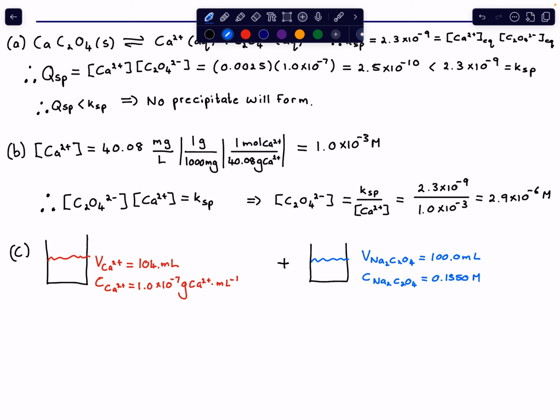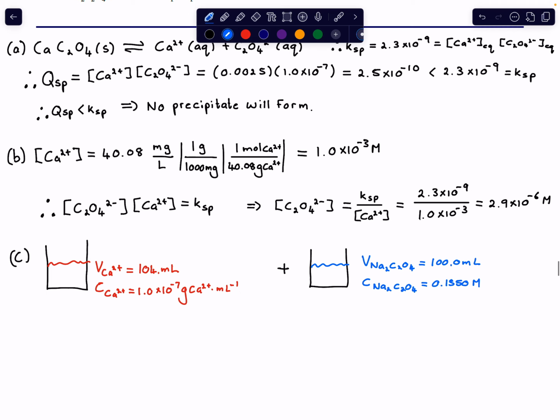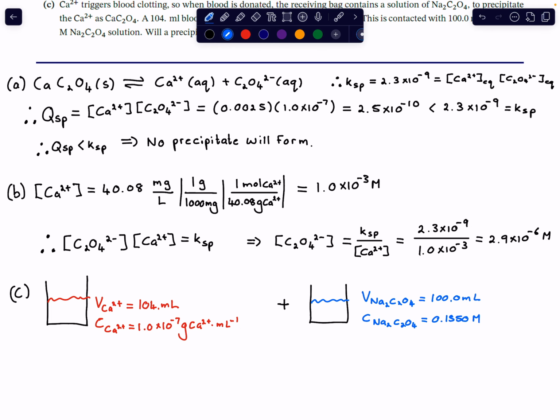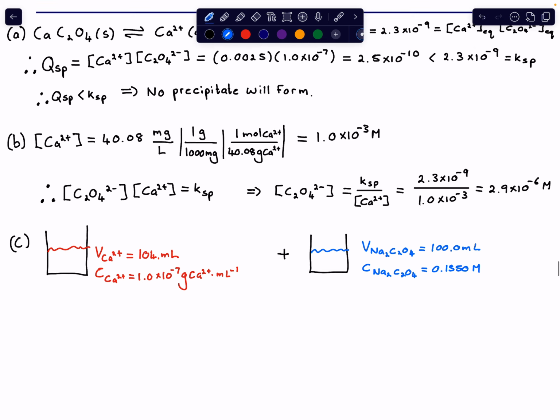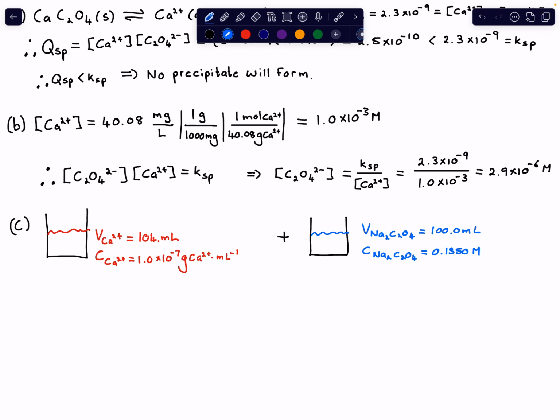And that means we will have two new concentrations of these two species that we mix together. And what do we need to do to determine whether or not a precipitate will form? We need to take those new concentrations and determine the ion product, the QSP. And if QSP is larger than KSP, then we know a precipitate will form. All right, so let's first just model this as we would normally, to say that we mix this thing with this thing and it's in a new volume, right?